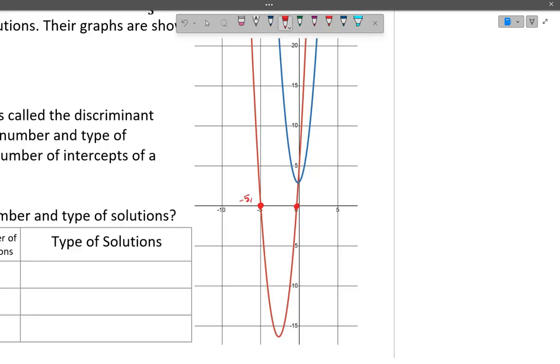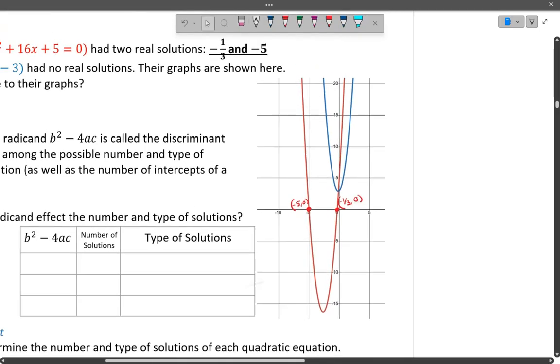We have an x-intercept of negative 5, 0, and what looks like approximately negative 1/3, 0. So we have x-intercepts there for those two solutions. The blue graph, however, doesn't have any x-intercepts. There is nowhere on the x-axis it touches because it opens upward and it's above the x-axis. So the no real solutions translates to no x-intercepts.